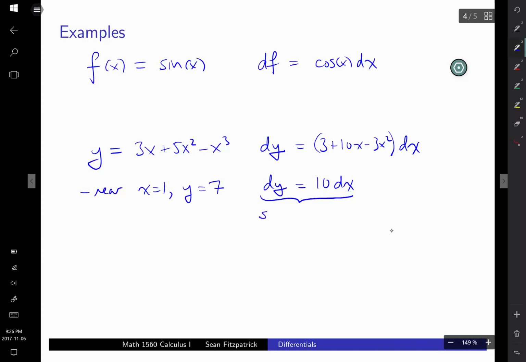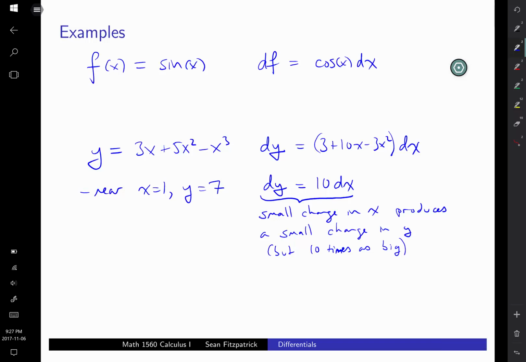This means that a small change in x produces a small change in y, but it's going to be 10 times as big, right? So dy is 10 times dx, meaning that if I change dx by 0.1, then dy should change by 1, right?